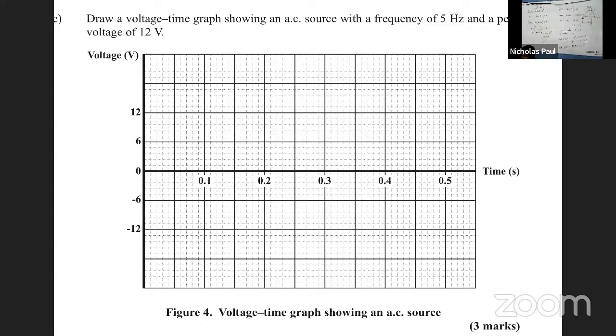All right, finish today. It's going up to what? And the period is how much?